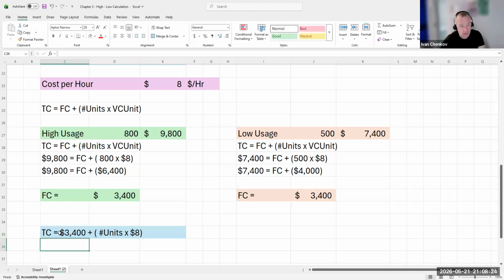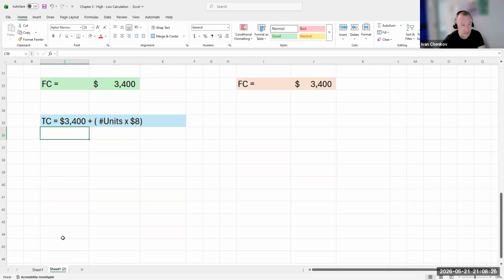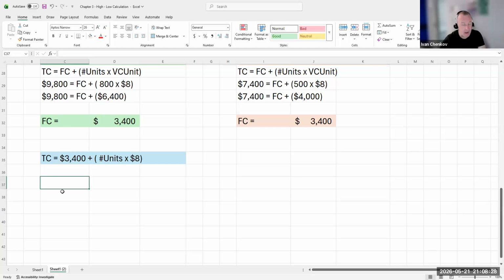So if your manager or owner of the company comes and says, hey, how much will be my total cost next month? What do you have to ask him? You have to ask him only one question, the way I see it. What will be that question? How many units or how many hours did you work?